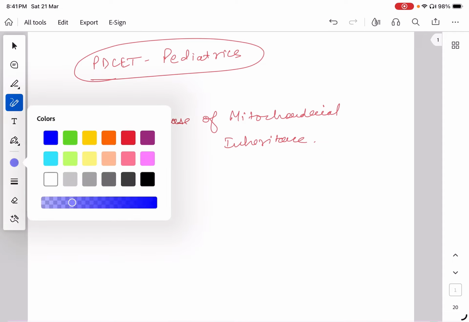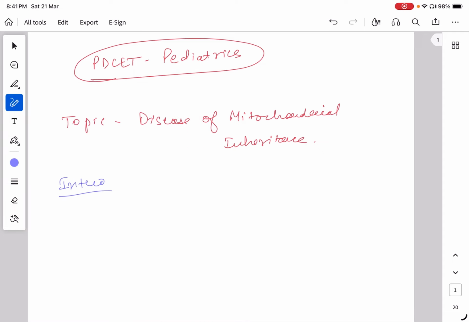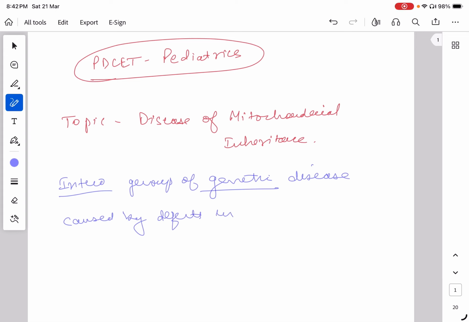So what are the mitochondrial diseases? These are a group of genetic diseases. The important point is that they are genetic diseases caused by defects in OXPHOS.